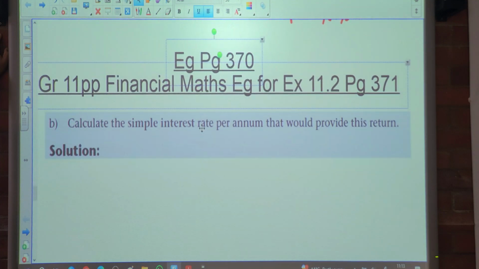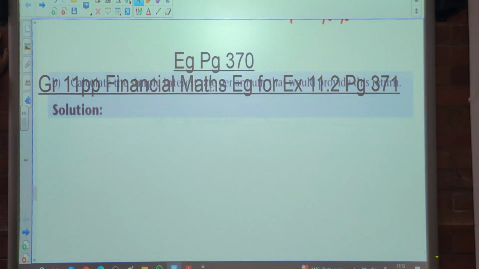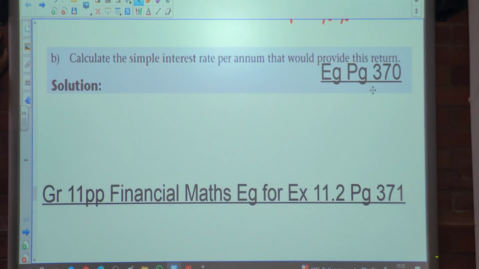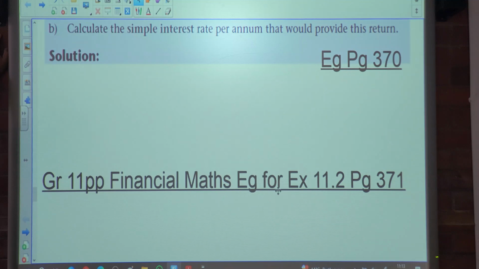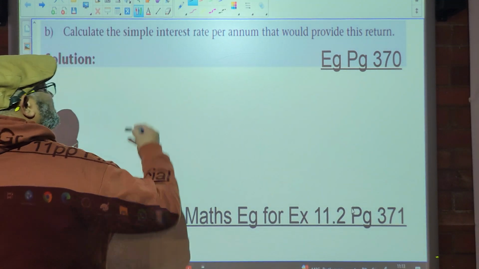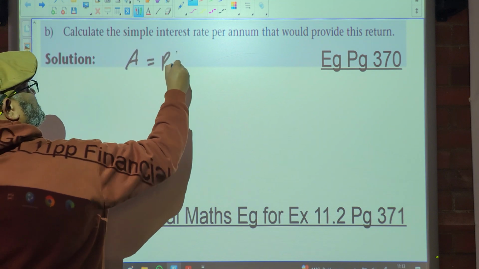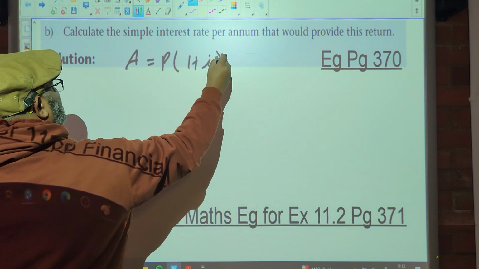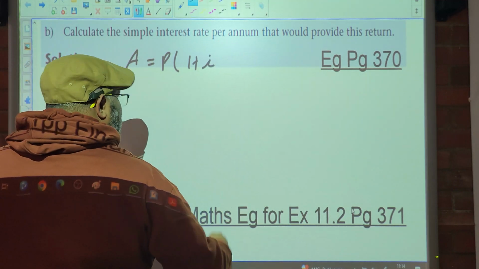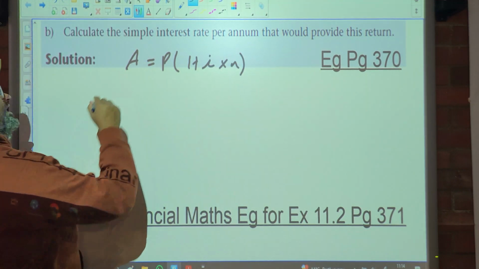B says calculate the simple interest rate that will provide this return. So the simple interest rate, what do I do? Simple interest formula. What's the simple interest formula? A is equal to P into 1 plus I times n. What is your A value?